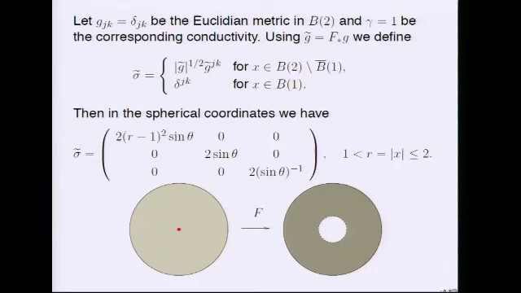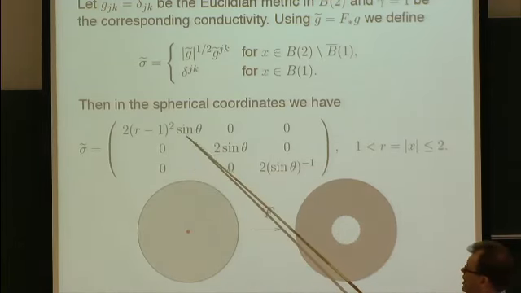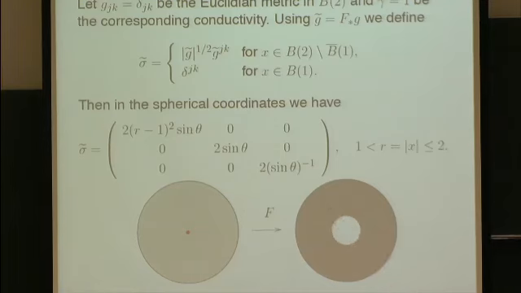Now this blow-up map is singular, so it implies that the conductivity becomes singular on this surface. Here in spherical coordinates I have written it. The singularities of the sine function are just related to the fact that spherical coordinates are singular at the north and south pole, so that is not a true singularity.